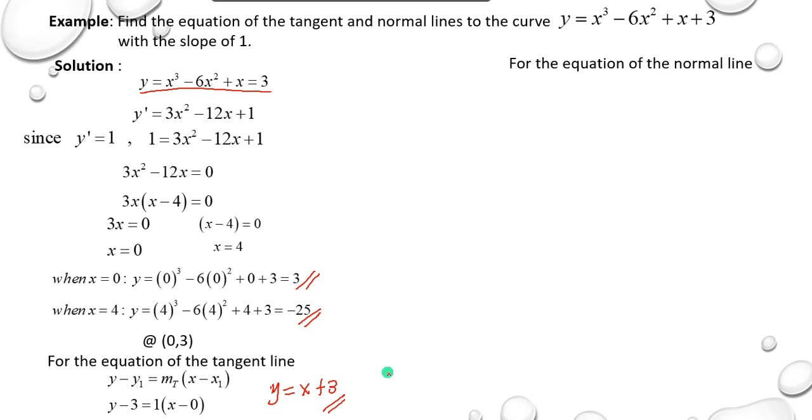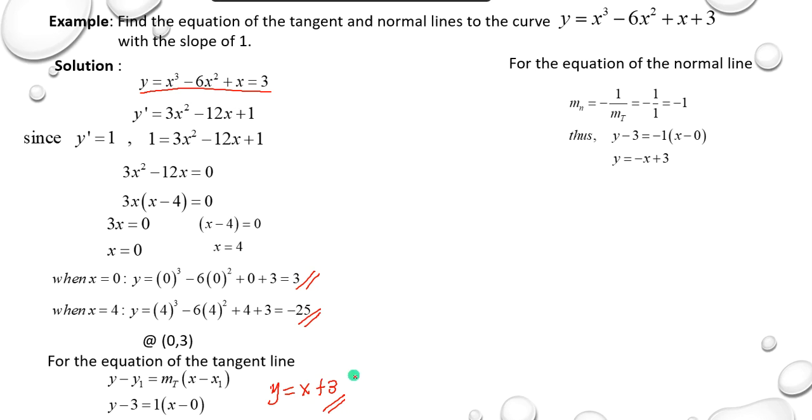For the equation of the normal line at that point, first we get the slope of the normal. So we have the negative reciprocal of m sub t, equals negative 1 over 1, which is negative 1.